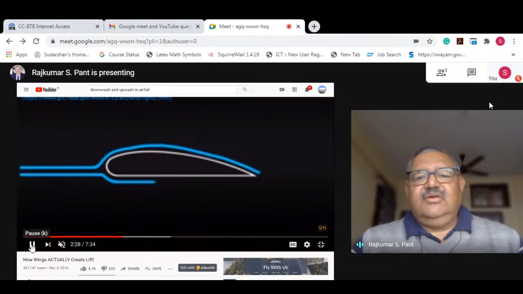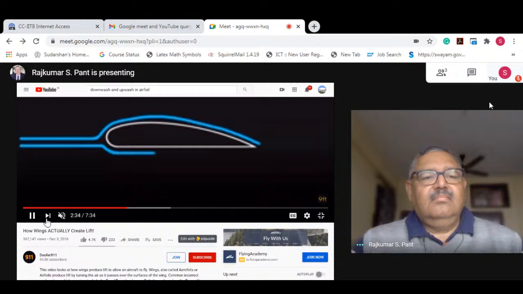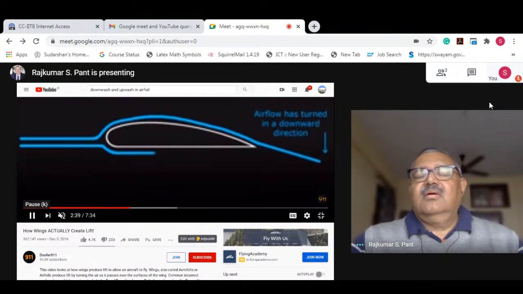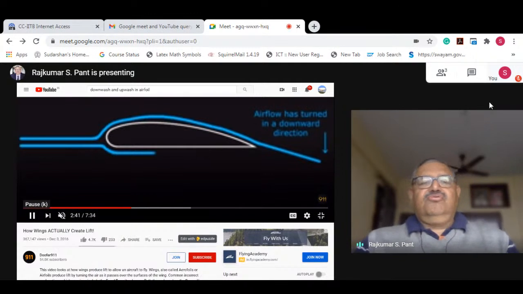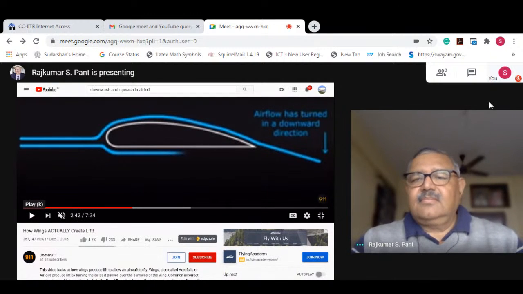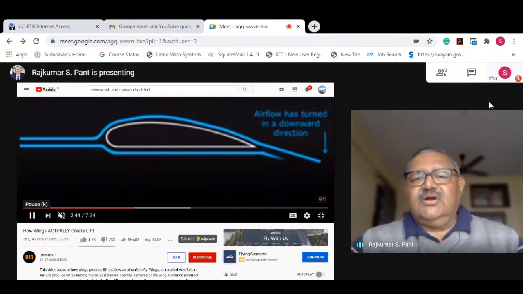Okay, so you can see, as the flow goes over the aerofoil, it is actually turned down. You can see it is turned down.